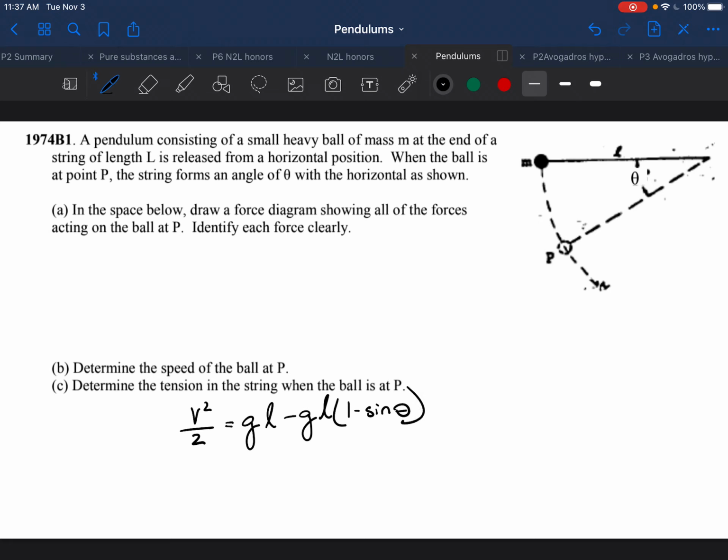So we could actually factor out the gL and have v squared over 2 is equal to gL(1 minus sine theta).